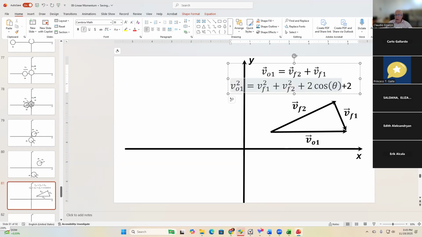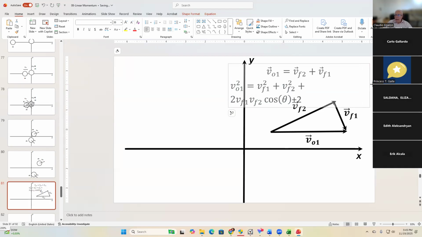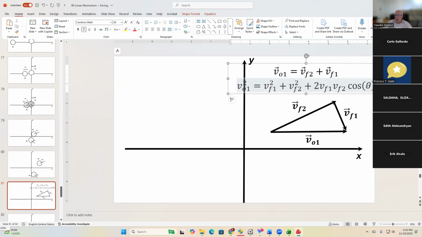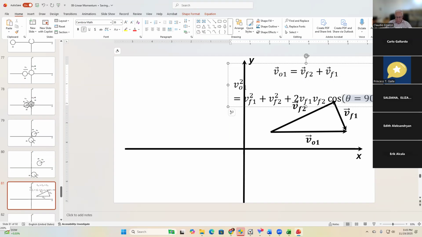And we still have V final 1, V final 2. But in order for this term to disappear, this angle here must be equal to 90 degrees, right? Because that was the original equation.